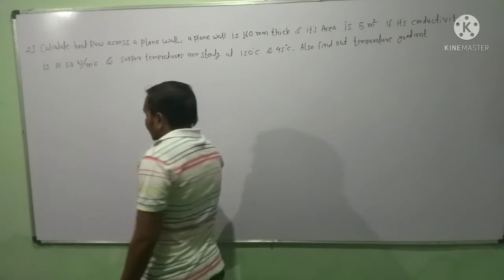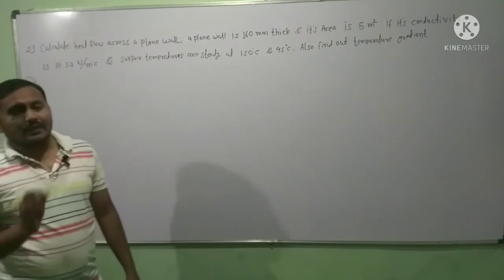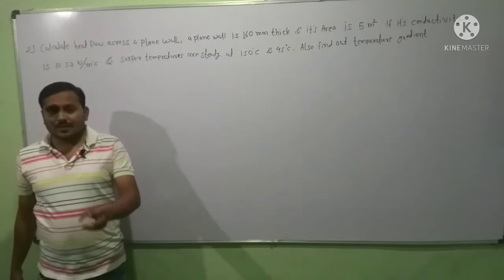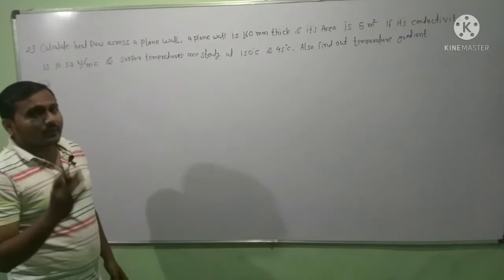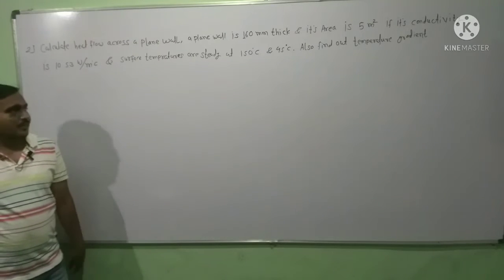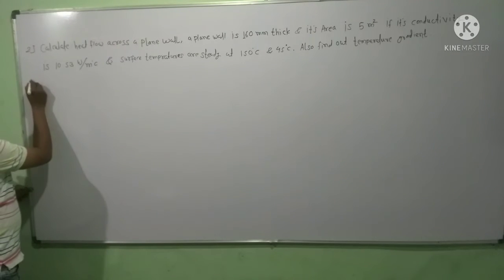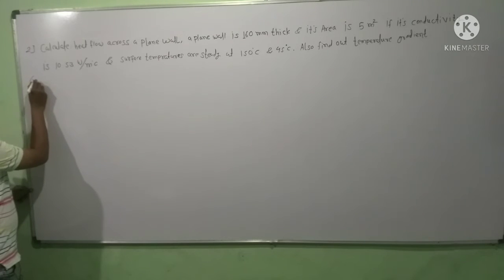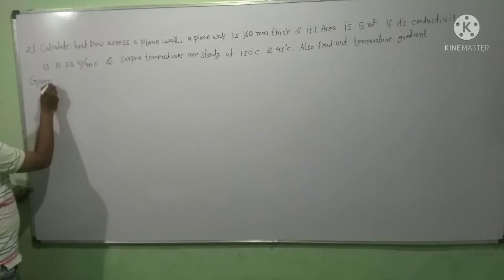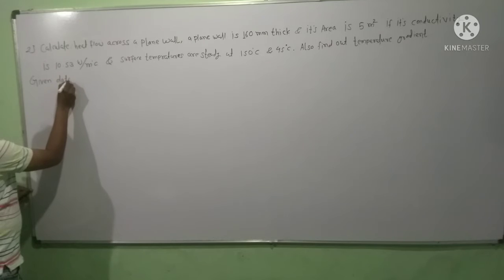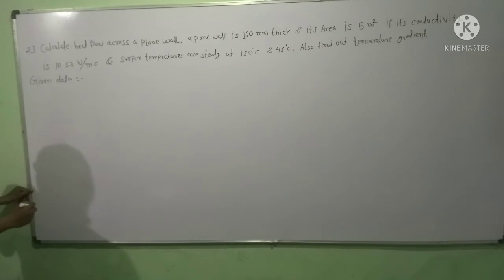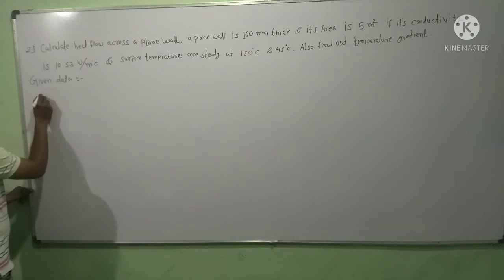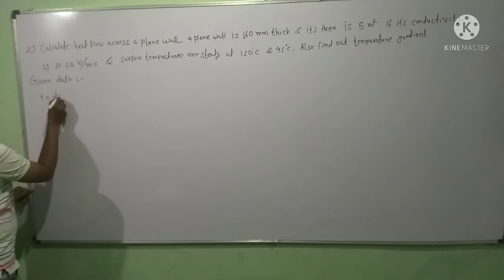Friends, you should know, first step is write given data, second step is what you have to find out, third step is solution. So we'll write in a proper manner. Given data of this numerical is wall thickness, that is thickness T equals to dx.